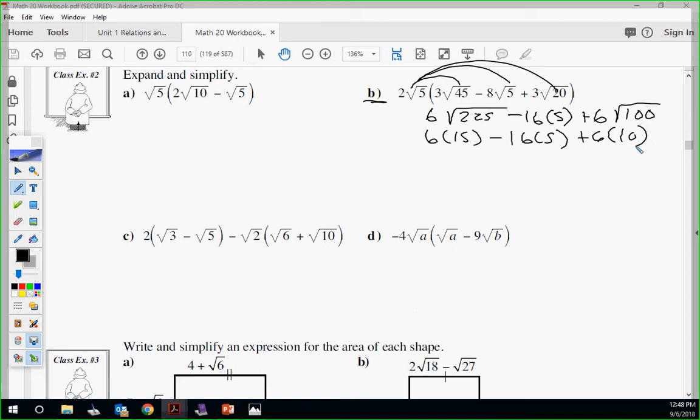See that? 615, 165. Really mess you up if you don't, little dyslexic moment there. It looks like the same. All right, 6 times 15, 90. 16 times 5, 80. 6 times 10, 60. So this one's answer is 70 for part B.